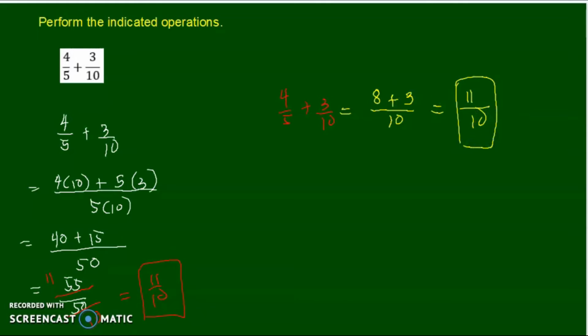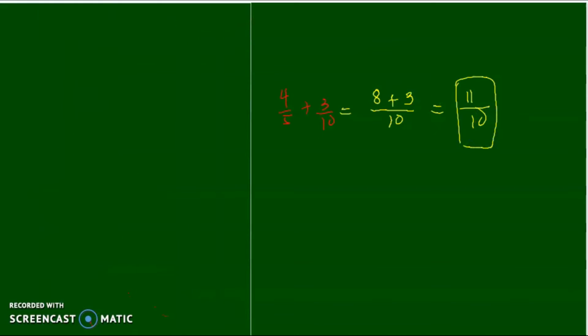Okay, let's have another example. Subtract. Again, in this case, we have the minuend and subtrahend. So, we can also use cross multiplication. So that is 7 over 10 minus 5 over 7.